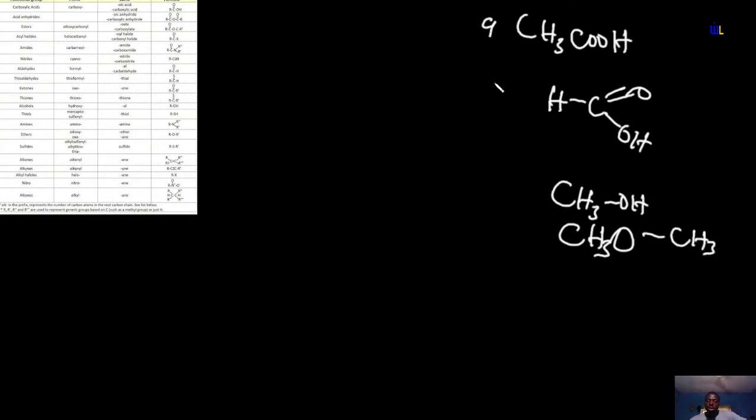You will notice that among options A, B, C, and D, the ones that are carboxylic or alkanoic acids are A and B. Why? Because we are able to see the functional group COOH. So once you see COOH, that's a carboxylic group and it represents the alkanoic acid.